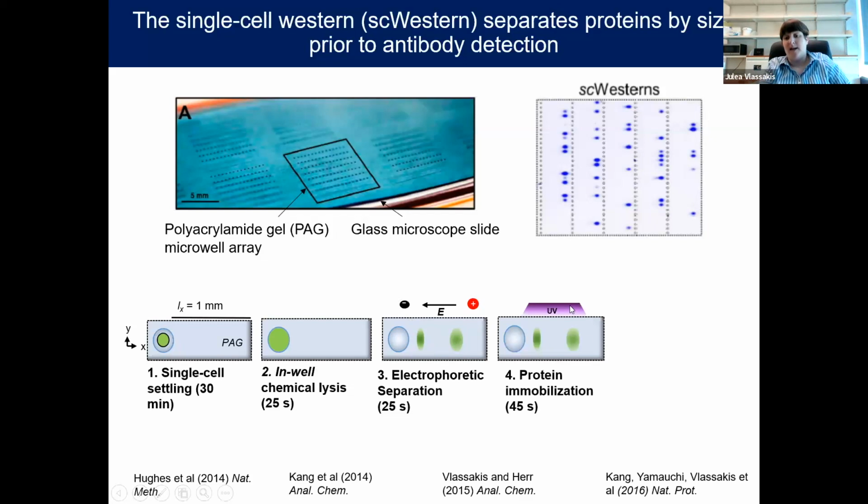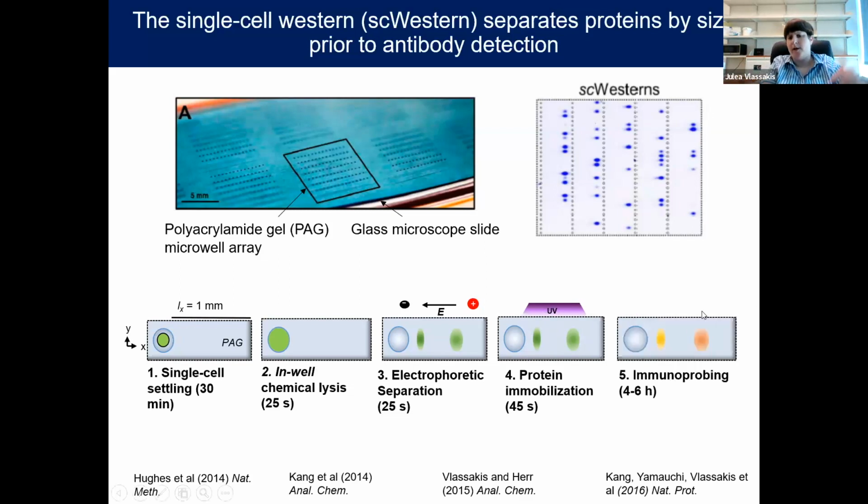We use a UV mediated covalent capture chemistry to physically immobilize the proteins in the gel, as opposed to completing a transfer step of a Western blot. And so in this step, we use a benzophenone methacrylamide that's polymerized into the gel. This benzophenone is UV activated and creates the covalent bond to any abstractable hydrogen in the protein. So it can immobilize any protein.